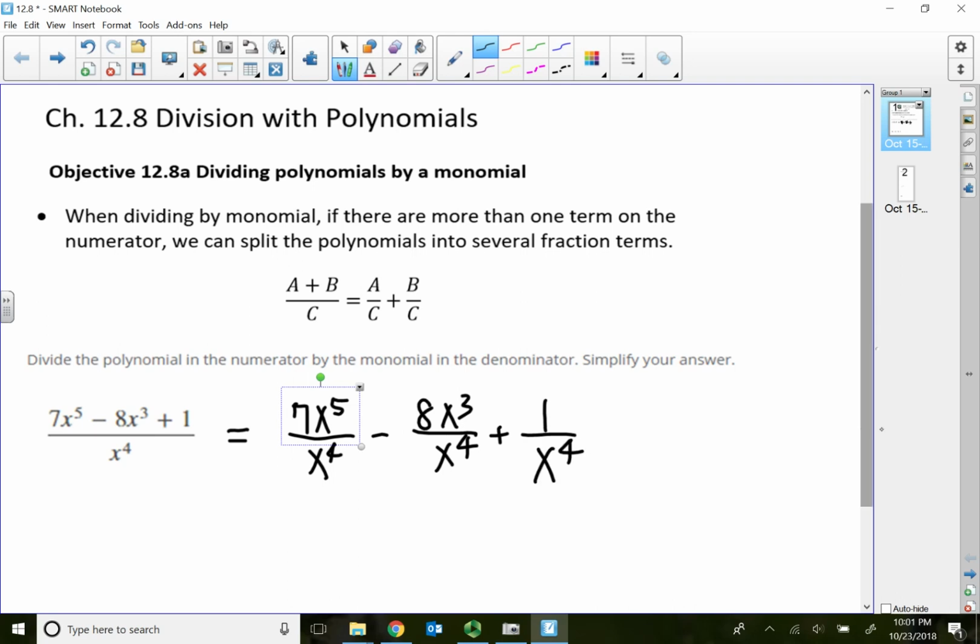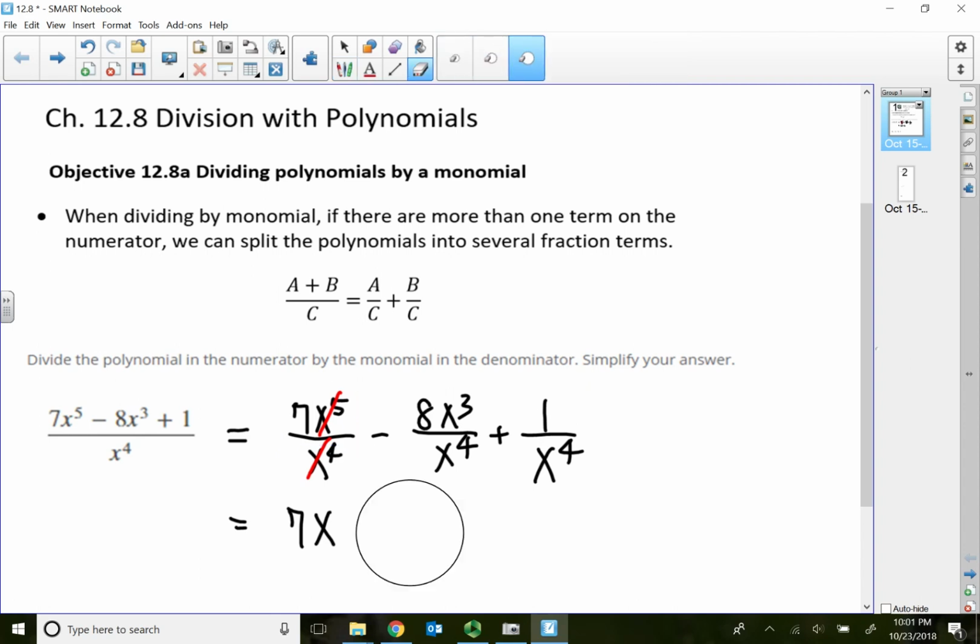Then I can simplify each term, reducing the fraction top and bottom within one term. I have x to the 5th on top and x to the 4th on the bottom. When they cancel out, there should only be 1x left on top. So 7 over 1 is still 7, and my first term is 7x. Minus 8 divided by 1 is still 8, and that 8 is going to be on top.